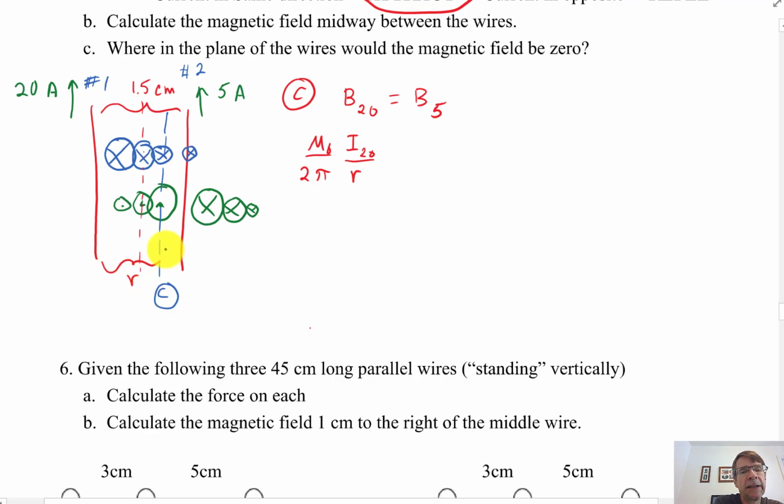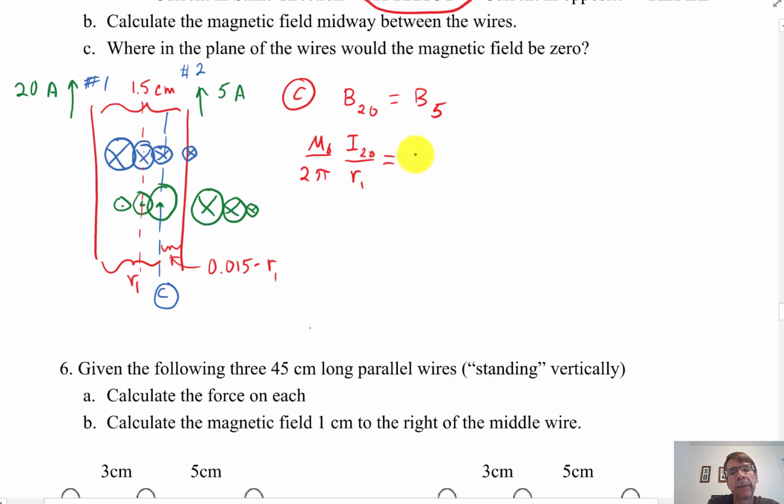Then the other remaining distance right here, I could call it R2, but it's better to just call it 0.015 minus R, because the total distance is 0.015 meters, 1.5 centimeters. I take the total distance minus this R, which gives me that other distance. So I could call this R1, and you don't really need a subscript there.